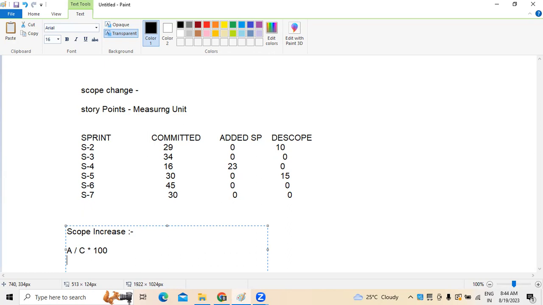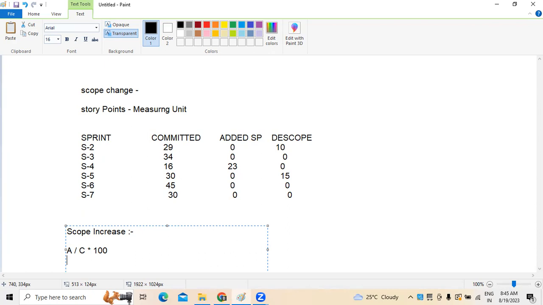Here we need to know a few things. The first one is D, which stands for removed story points. Next, A stands for added story points, and C stands for committed story points, right?